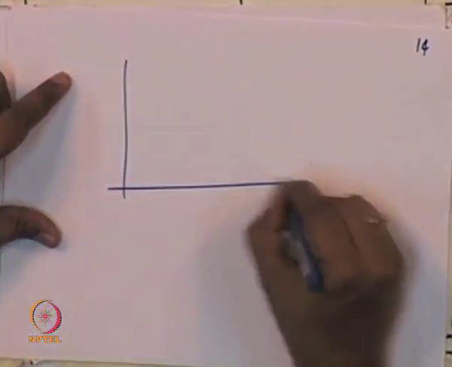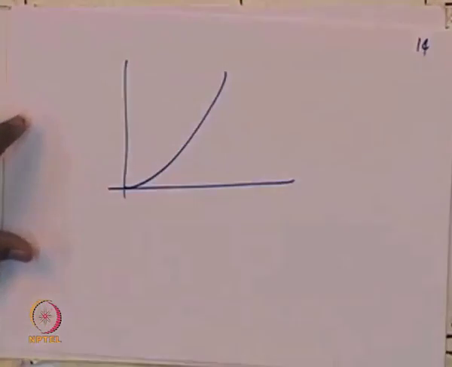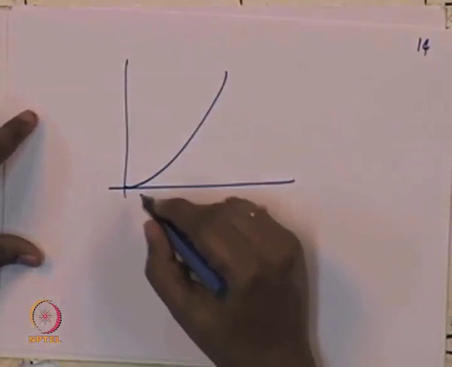So, what does this mean graphically? The derivative of e power x is e power x. Derivative is slope, so the slope of e power x is e power x itself. We all know that if you plot e power x, it looks like a function which increases very fast.